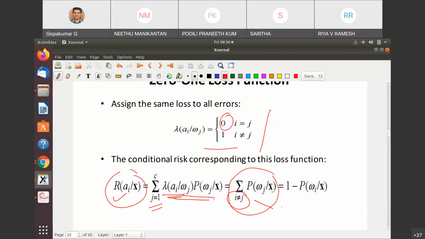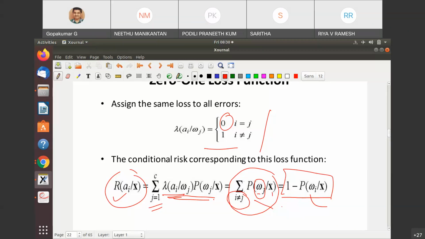Okay, and here we are predicting x, the given feature vector, to wj. Then we can write this equivalently as: we are trying to minimize the probability for wj, which is equal to 1 minus probability of wi given x.